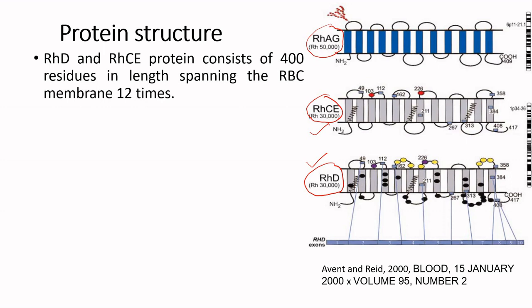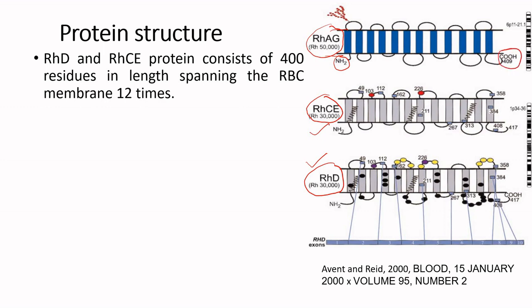It is about 50,000 Daltons in size. Here you can see they are passing through the transmembrane. These two lines are nothing but the RBC membrane. So this is the N terminal end of a protein. This is the carboxy terminal end of a protein.